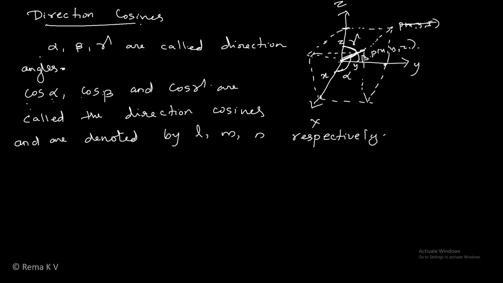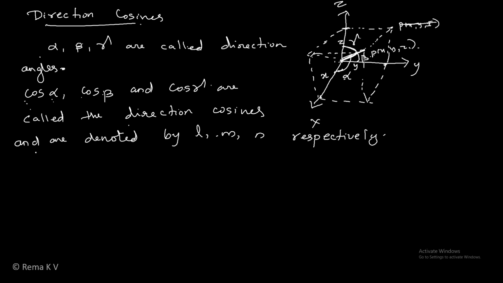So the line segment OP makes an angle alpha with the x-axis. Cos alpha is a direction cosine. If it makes an angle beta with the y-axis, then cos beta is another direction cosine. These are together known as the direction cosines of OP, the position vector OP.